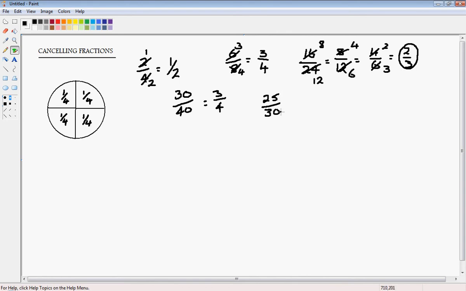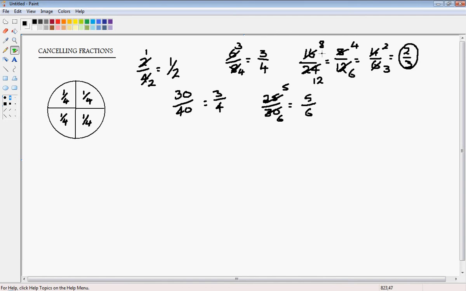Well, we know that they must be divisible by 5, because if you look at your 5 times table, 5 5s are 25, 6 5s are 30, 7 5s are 35. So each number ends in 5 or 0. So 5s into 25 goes 5, and 5s into 30 goes 6. So we have 5 over 6.